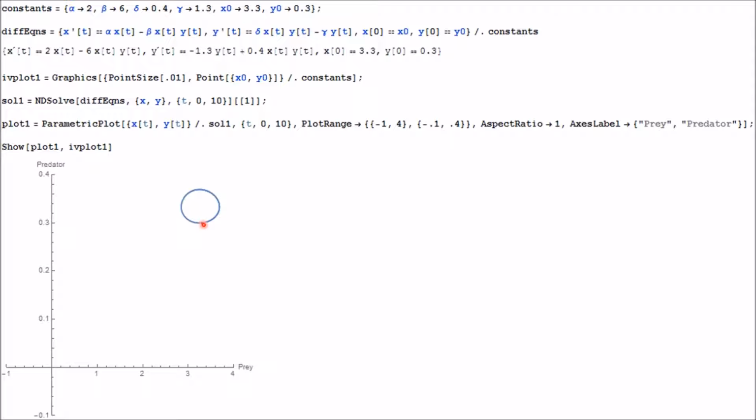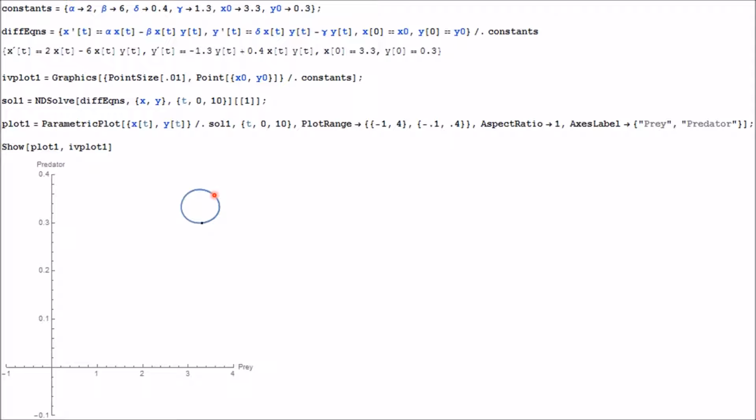So they flourished for a while, but then because the prey were doing so well, the predators started to have more to eat. And when the predators have more to eat, their population increases for a while.